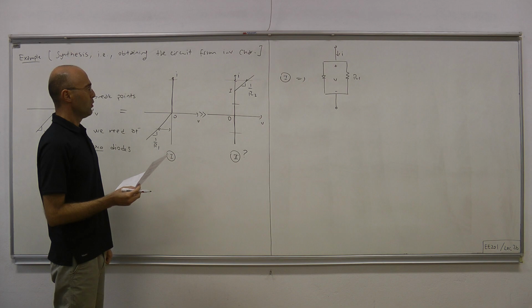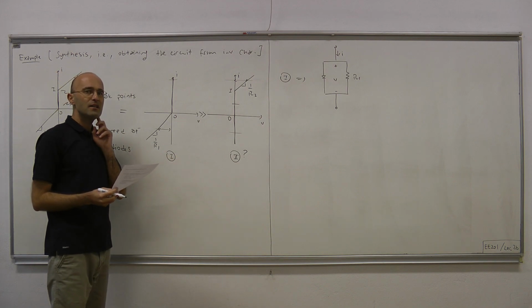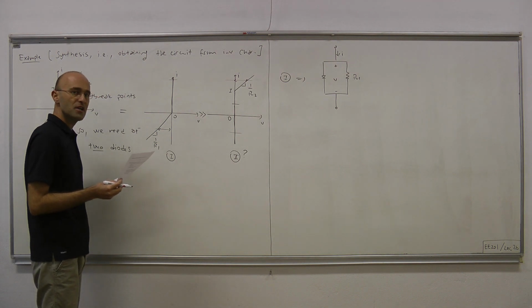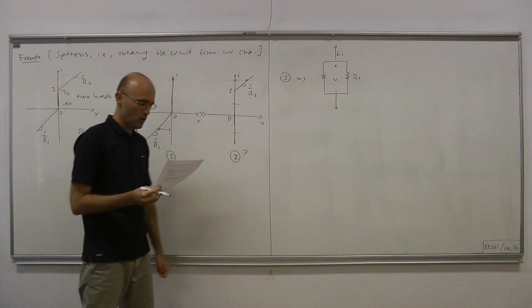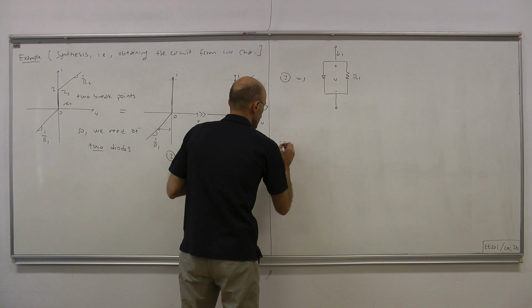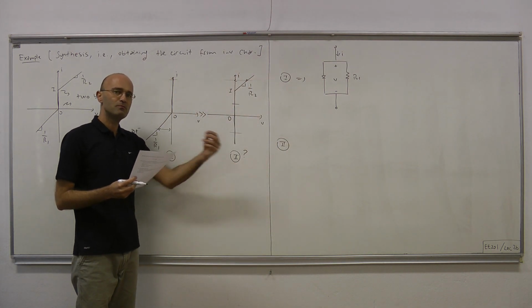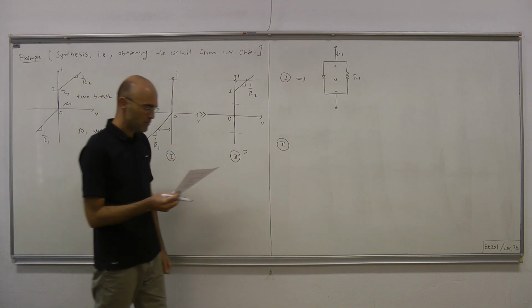Okay, 2 is more or less similar to 1, but it has the complication that the breakpoint is not at the origin, but it's a simple complication that we can overcome. But for the sake of completeness, let's decompose this curve into further subcurves.